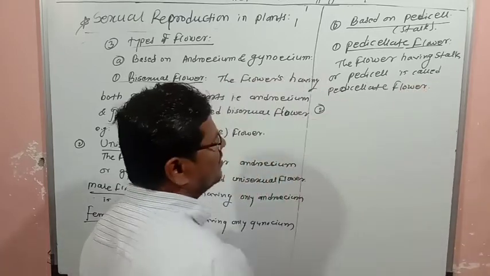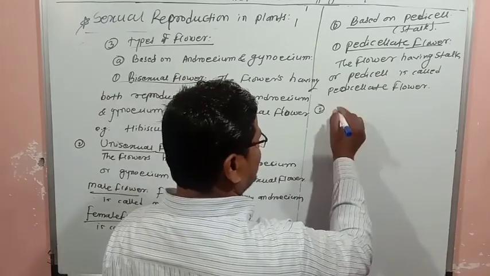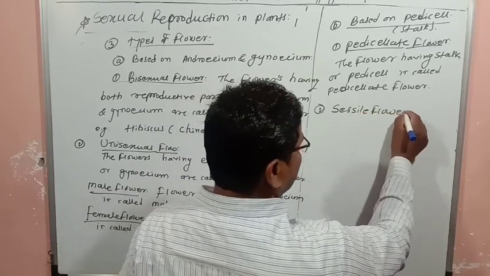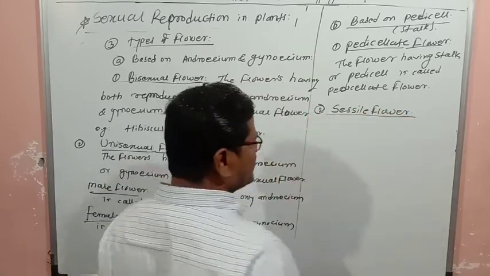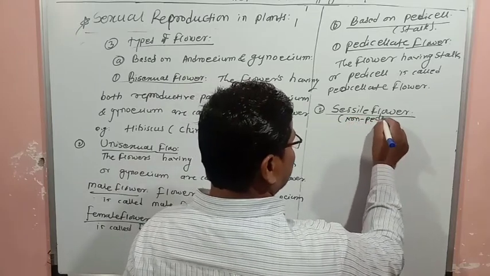And the second one is the sessile flower, or you can say non-pedicellate.